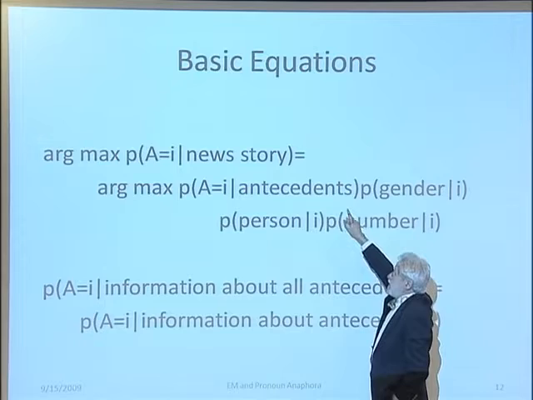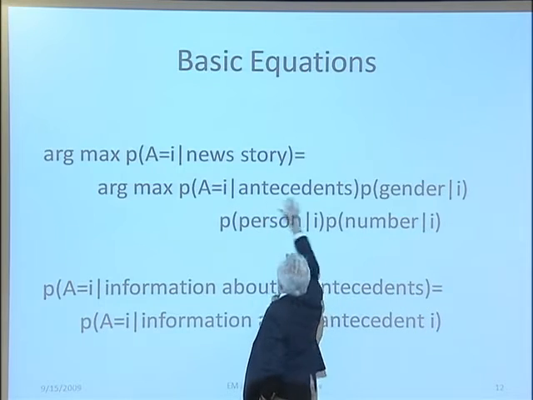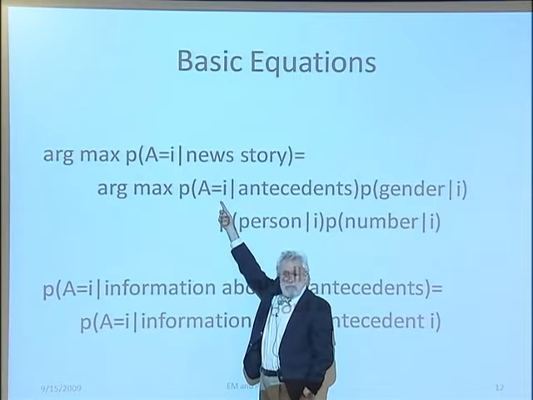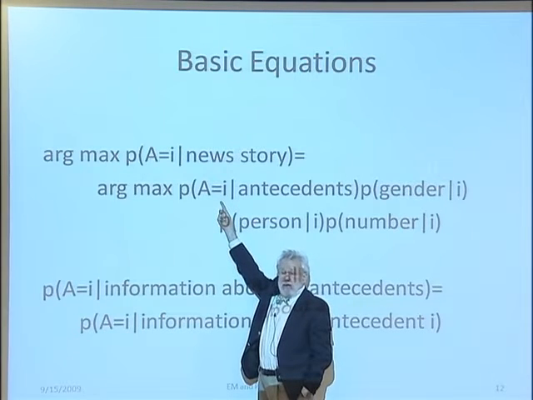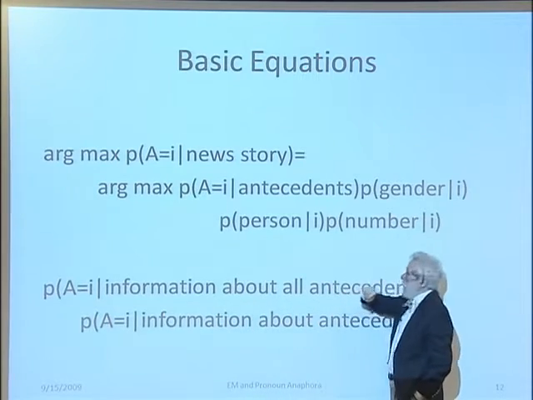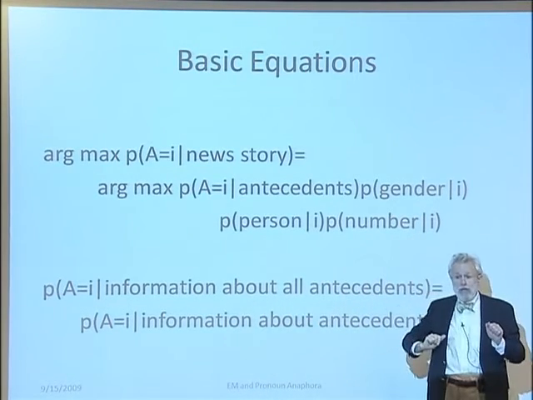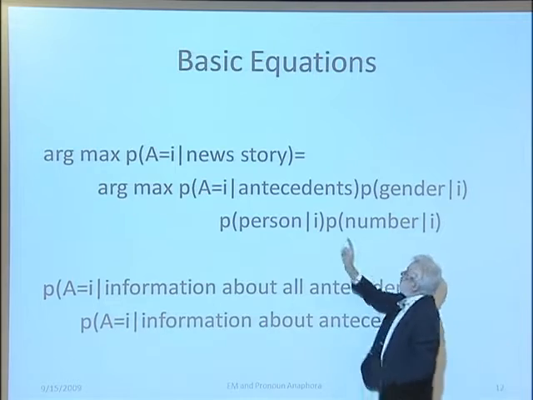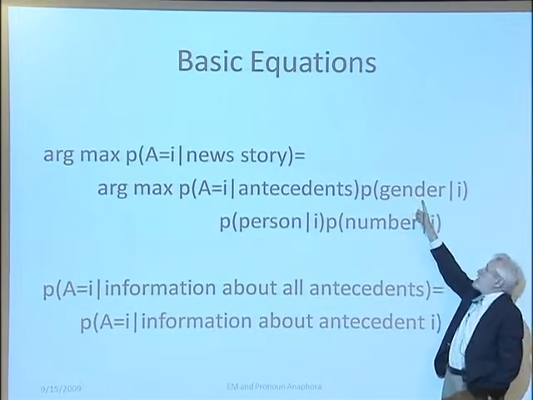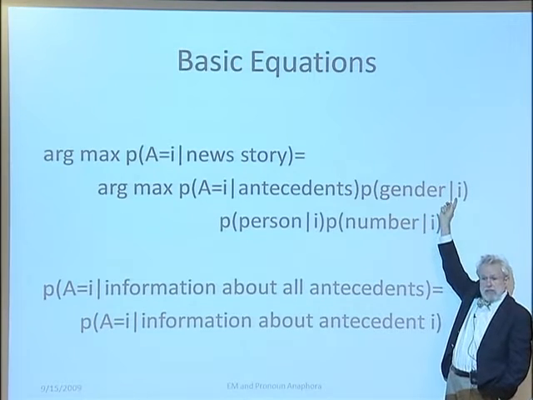First, given all the antecedents, a priori you would pick the ith. And that can be based on things like the syntax you've already seen, how far back it is, whatever. Once you've guessed that, now you, in some sense, know who the antecedent is, and now you can produce the gender of the pronoun based on who the antecedent is.